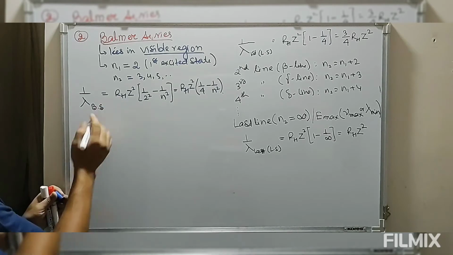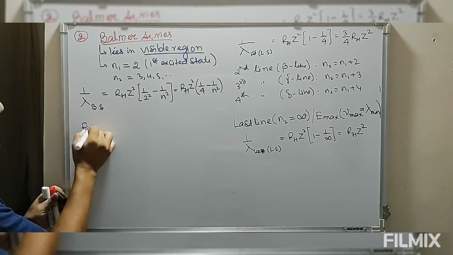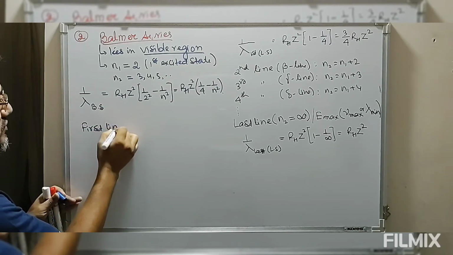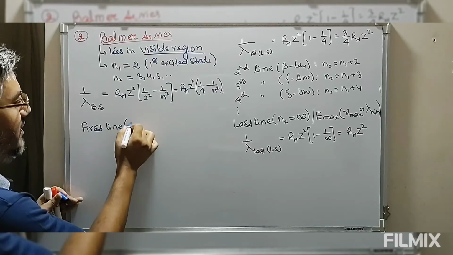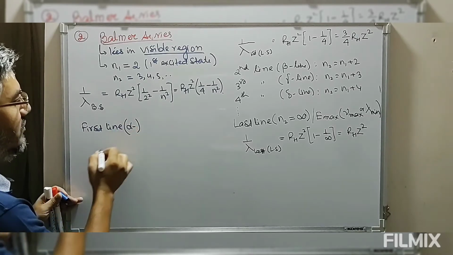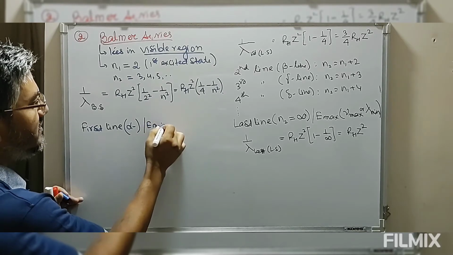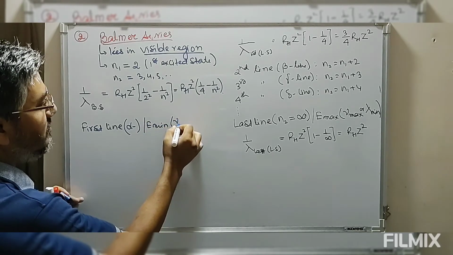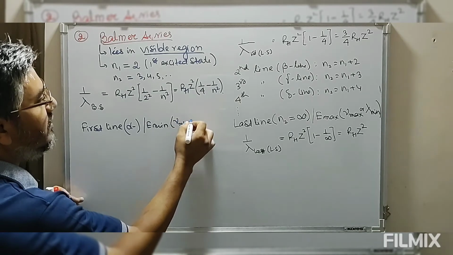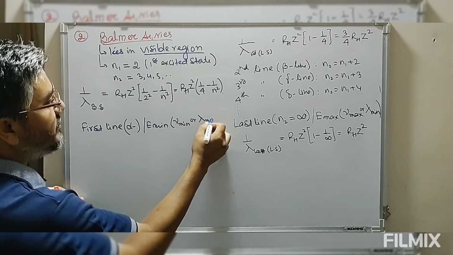Now look at this, again look at the first line. The first line is nothing but the alpha line, or the line of minimum energy, that is minimum frequency or maximum wavelength.